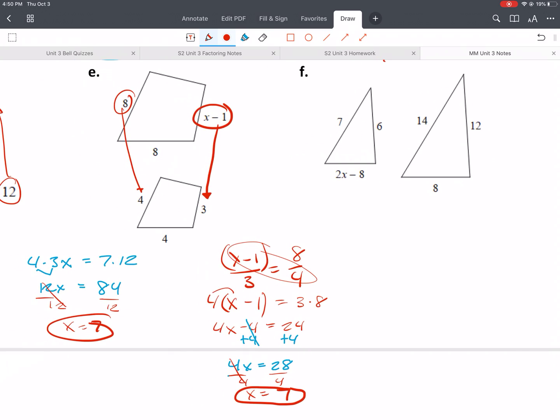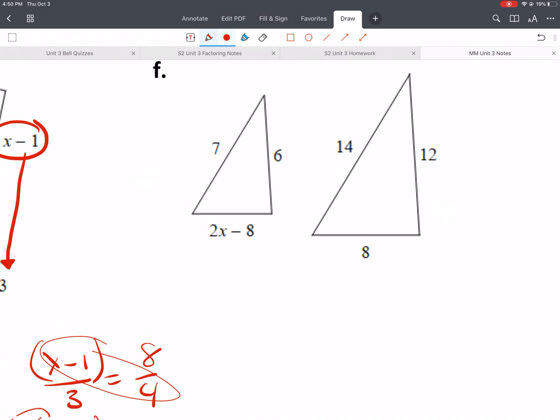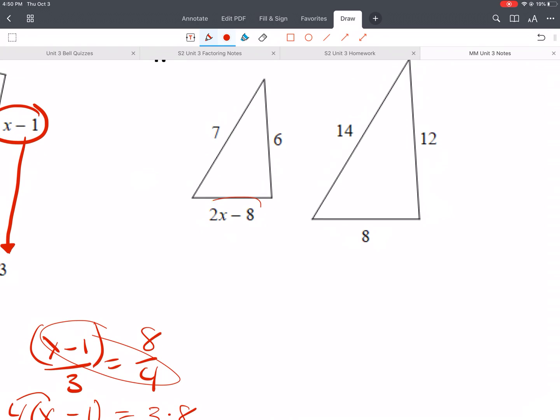All right, last one, just kind of combines those two, so now we have multiplication and subtraction. But you'd do the same sort of thing. This corresponds to this. Maybe we'll do 6, corresponds to 12. So 2x minus 8 over 8 is equal to 6 over 12.